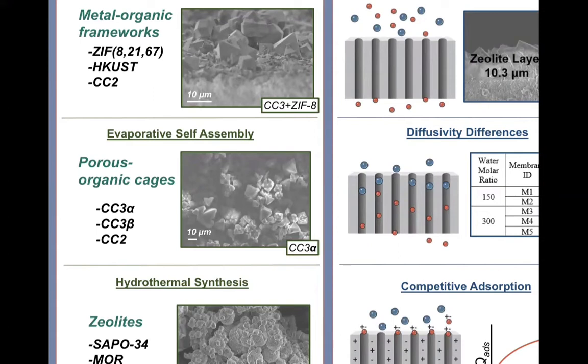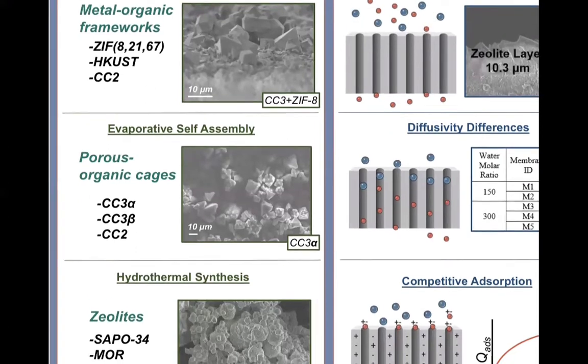And this is when you essentially have a solution with the particular components required to start forming a solid, but they're highly dilute. And so as the solution evaporates, the precursors become more and more concentrated and eventually nucleate and form very fine crystals. So the SEM image there is of, again, CC3 and some different nucleation sites you can see caused by this evaporative self-assembly.